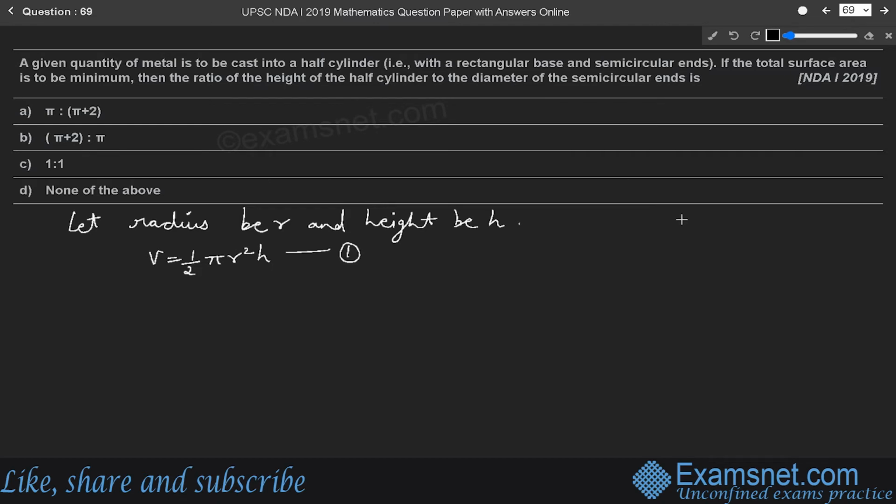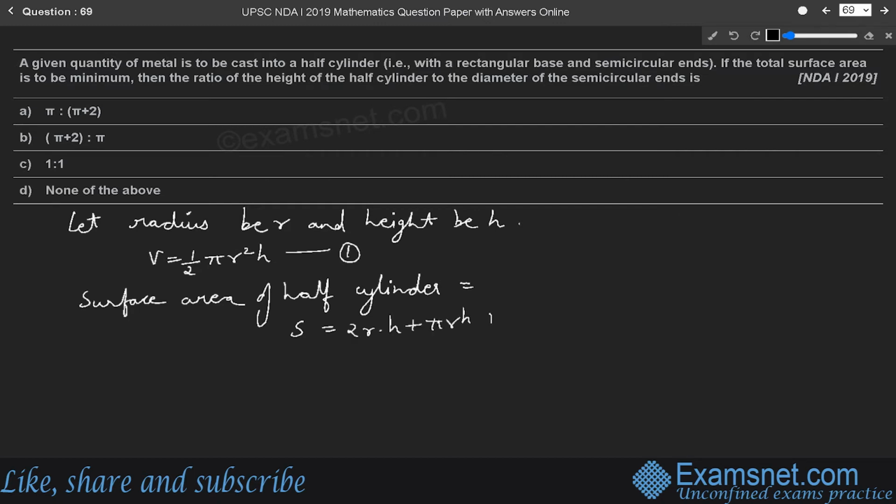Now surface area of half of cylinder will be equal to, let it be denoted by s, so s is equal to 2r into h plus pi r h plus pi r square. So putting the values, s will be equal to 4v upon pi r plus pi into 2v upon pi r plus pi r square.